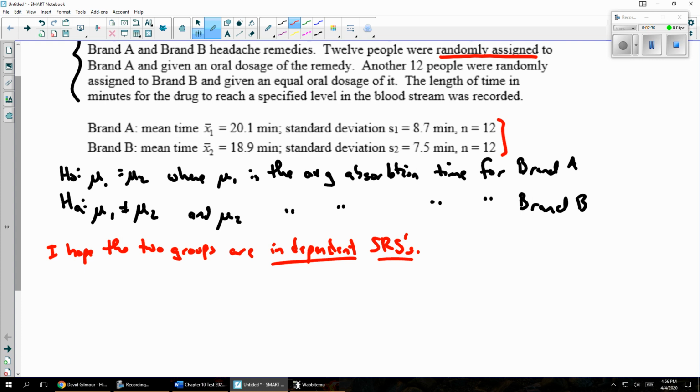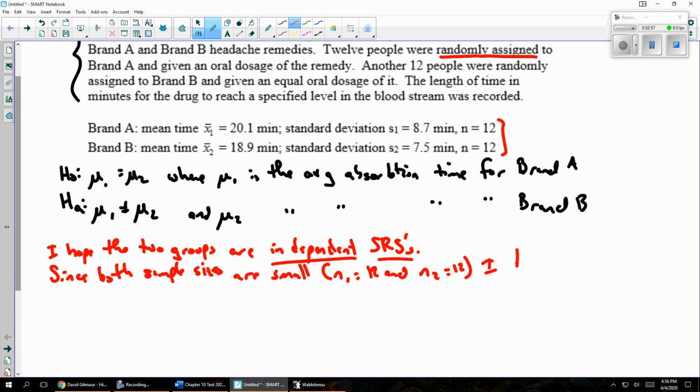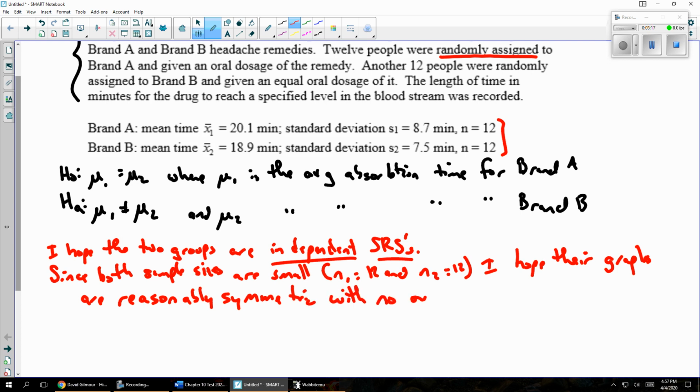I would love to graph them and see what the graph looks like, but since both sample sizes are small, n1 is 12 and n2 is 12, I hope their graphs are reasonably symmetric with no outliers. Because I've got small sample sizes.